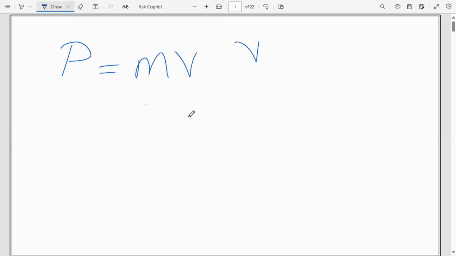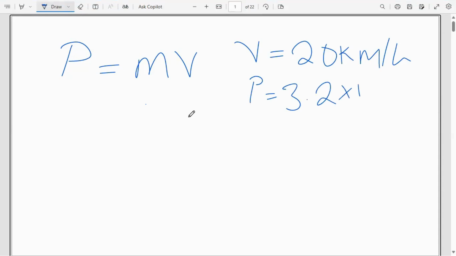And we've been provided with the velocity of the ship, and we've also been given the momentum, the P of this ship. So velocity is equal to 20 kilometers per hour, and our momentum is 3.2 times 10 to the power 9 kg meter per second.